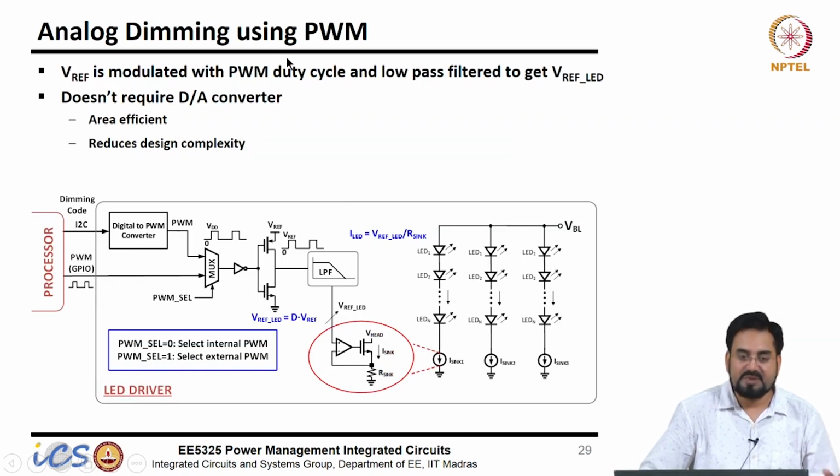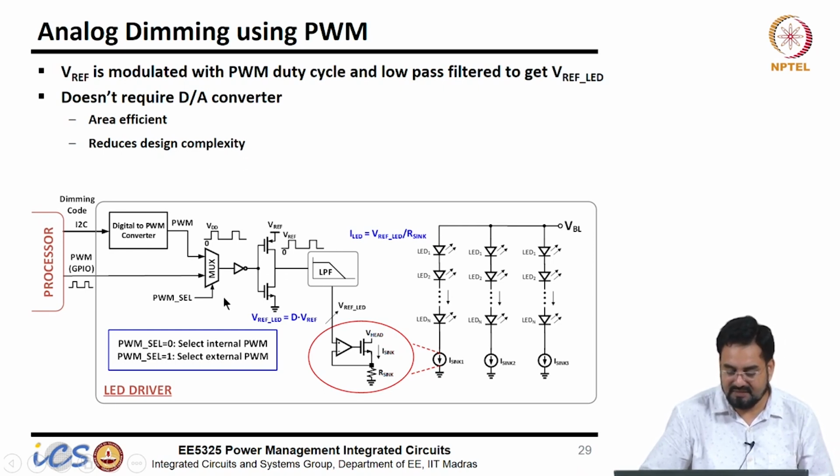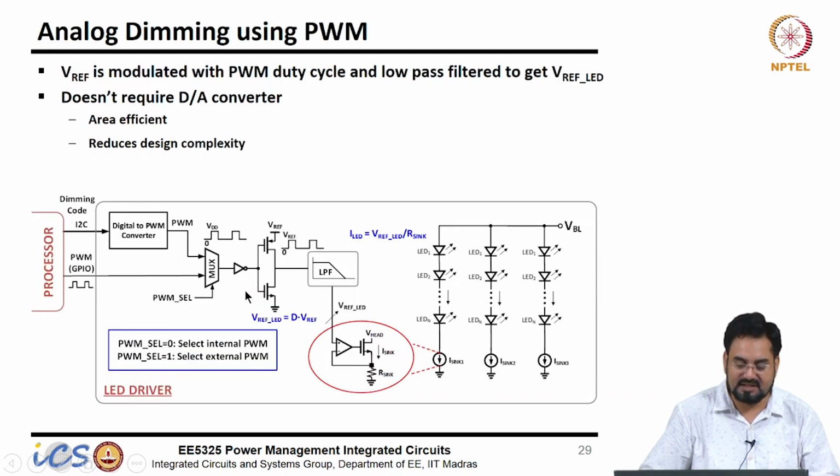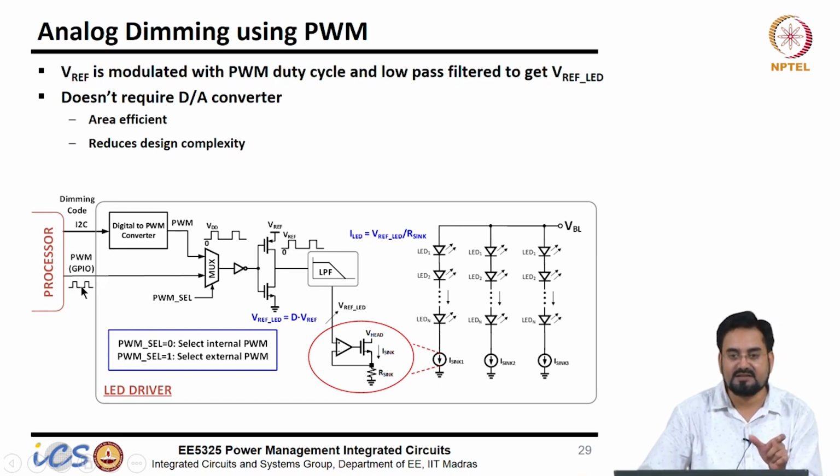So for analog dimming using PWM, there is another possibility. Let's say this is your processor, and the processor can send a command over I2C. This will send a digital code, and the digital code will program this voltage directly. Another possibility is that instead of sending over I2C, it may send a command over GPIO, general purpose IO, in the form of PWM, pulse width modulation. So the duty cycle of this PWM will contain the code.